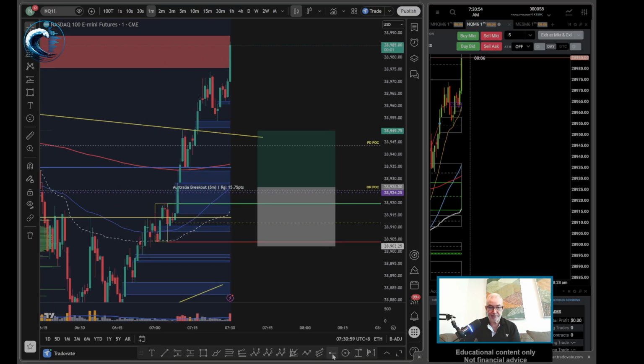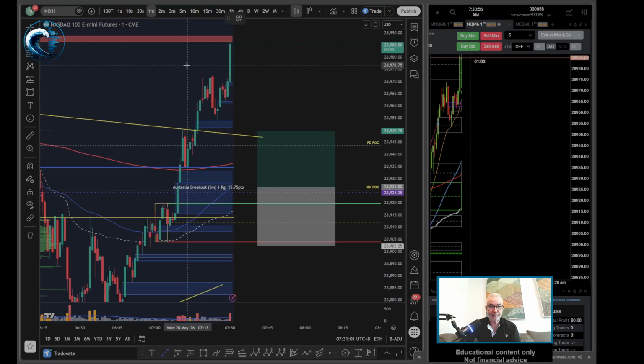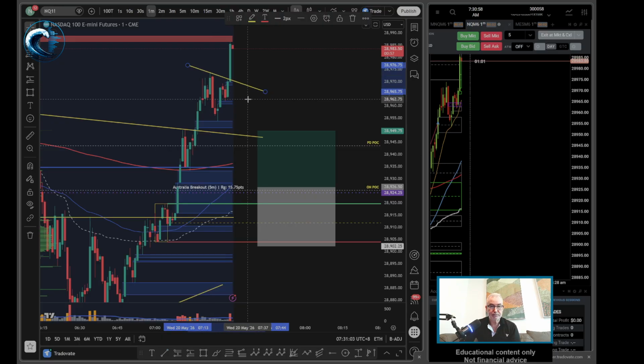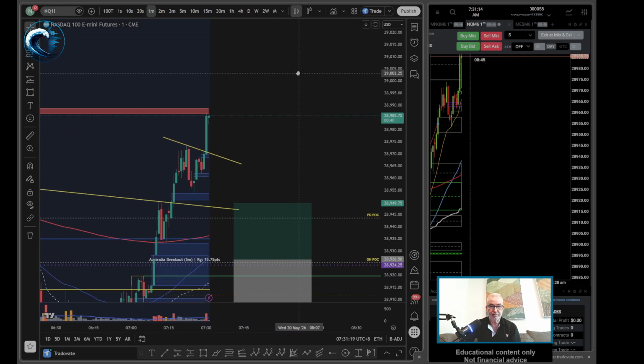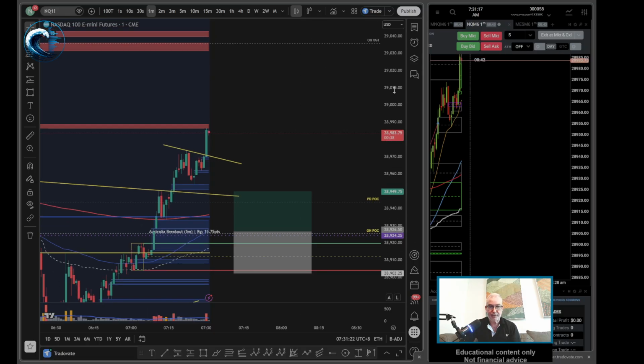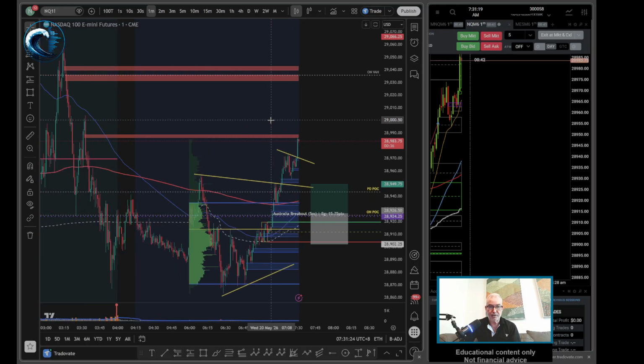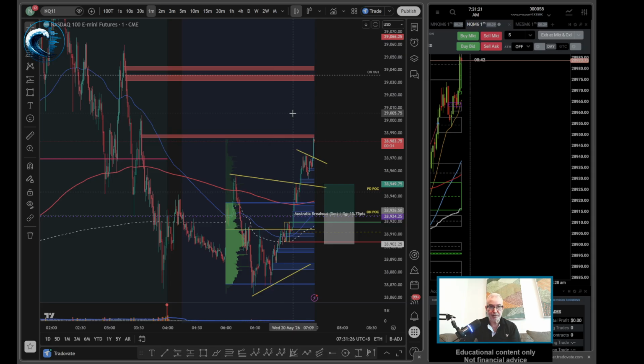Right, we got our bull flag here. So as soon as you see that, that's showing strength. That's just setting up, building the volume, building the liquidity to take off, which it has done. So really there's nothing else up here other than the value high and some of these levels. So maybe get a reaction here.